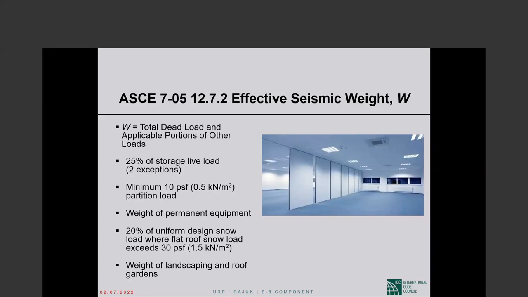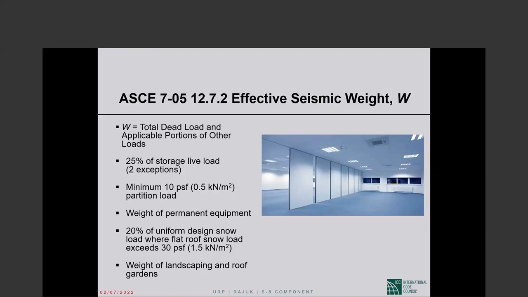So in storage facilities, we typically include a portion of the design live load in the seismic weight, and so on and so forth. So the point is the seismic weight is not the same as weight, and ASCE 7-05 defines it very specifically in this section. So does BNBC, but the definitions are different, as I'll show you.